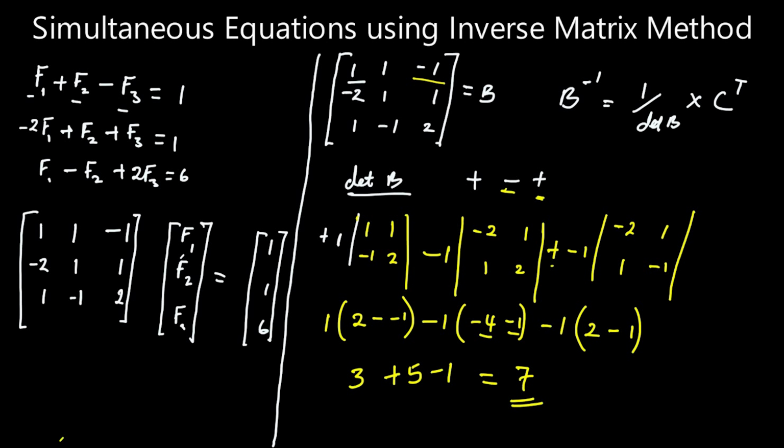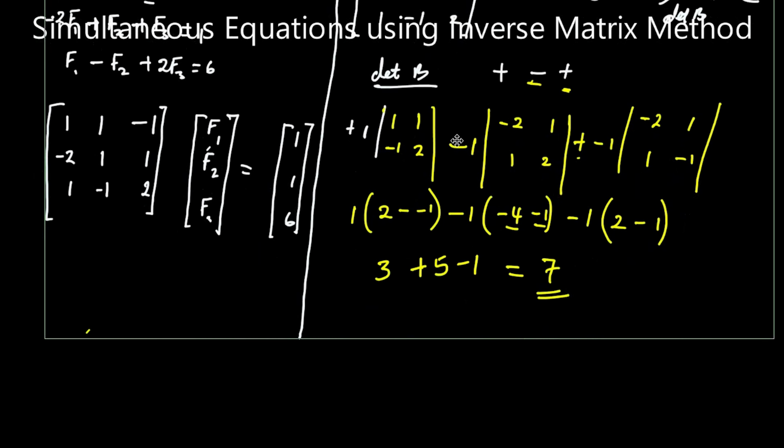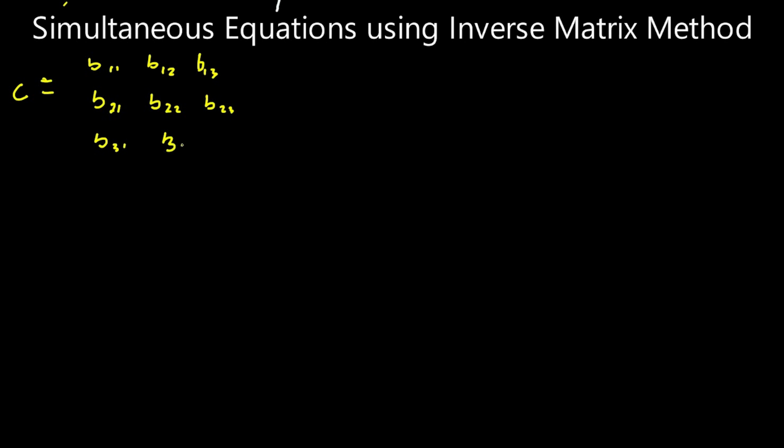Now we proceed and look for this value CT. And you remember we were taking the adjoint, so for this case we are looking for a new matrix C, which will be given by B11, B12, B13, B21, B22, B23, B31, B32, and B33.